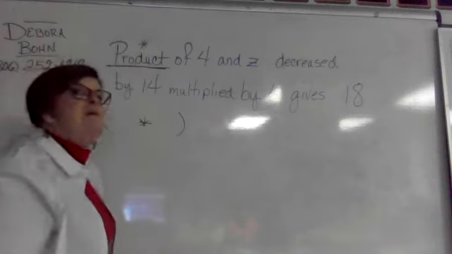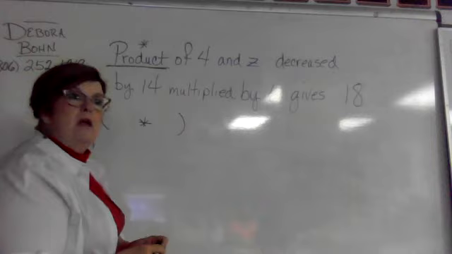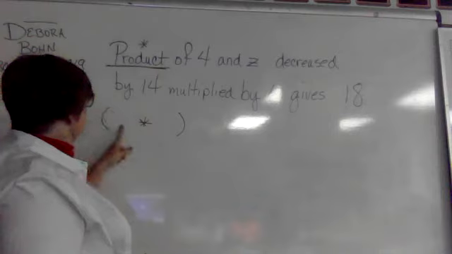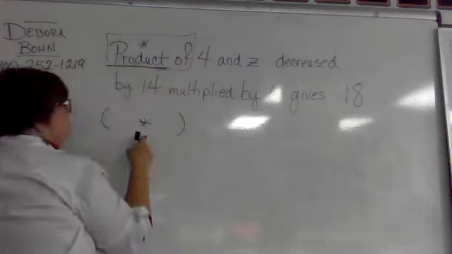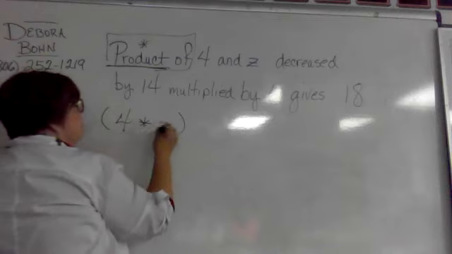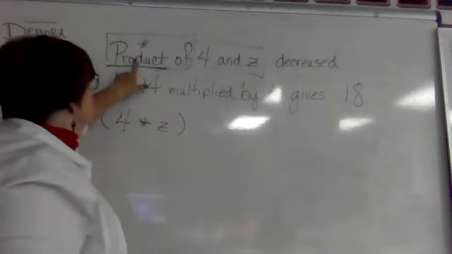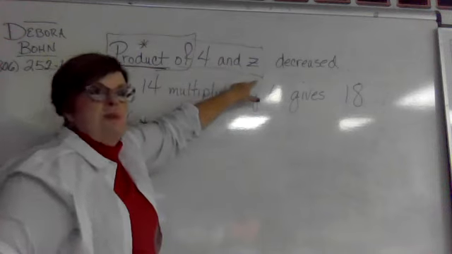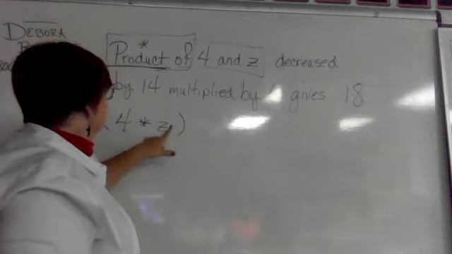Because every single time they say the product of, or the sum of, or whatever they say, they're going to tell you in the very next words what to put here and here. So we did product of. So you put 4 and Z. That takes care of that. Because these words will always be followed by something and something. So the and is where you decide it's this one and this one.